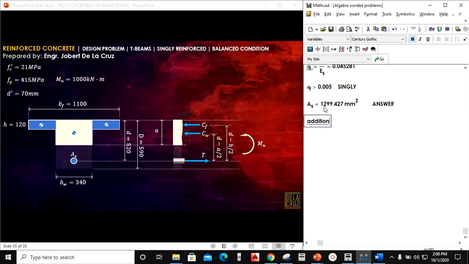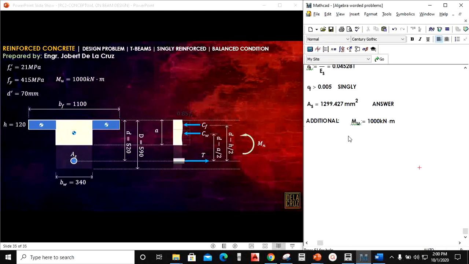What if we make Mu equal to 1,000 kilonewton meters. Now, again, we compare.